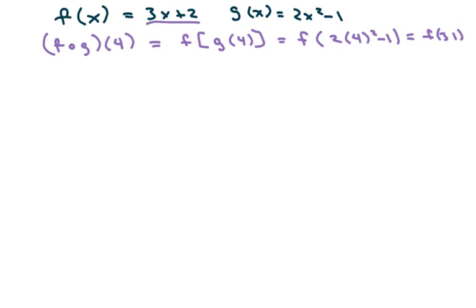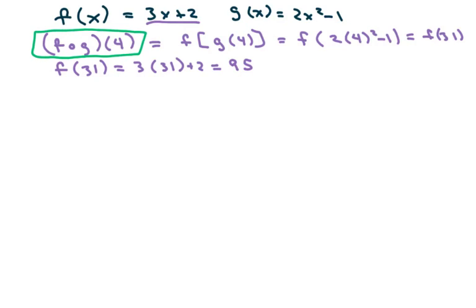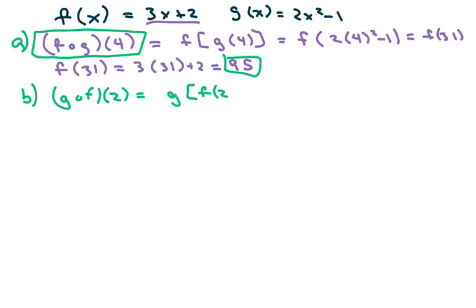I plug that into this equation. f of 31 equals 3 times 31 plus 2, which equals 95. So f of g of 4 equals 95. And that was A.